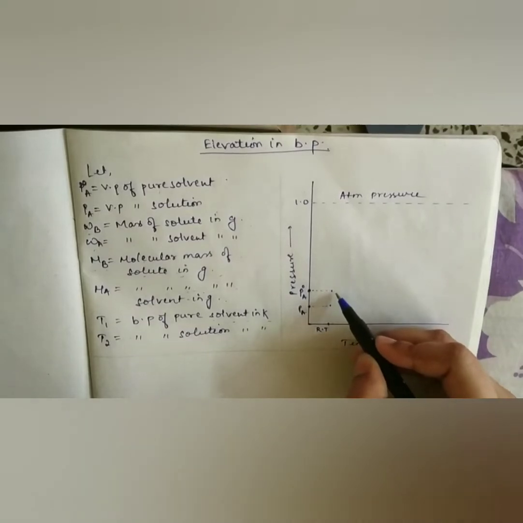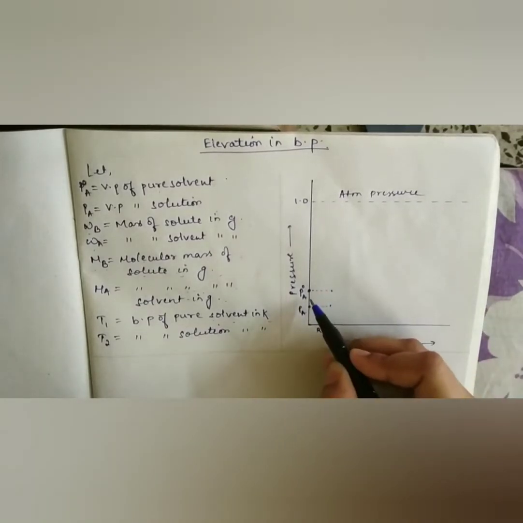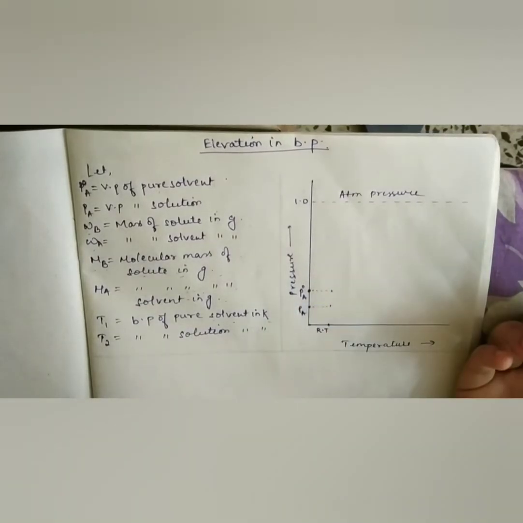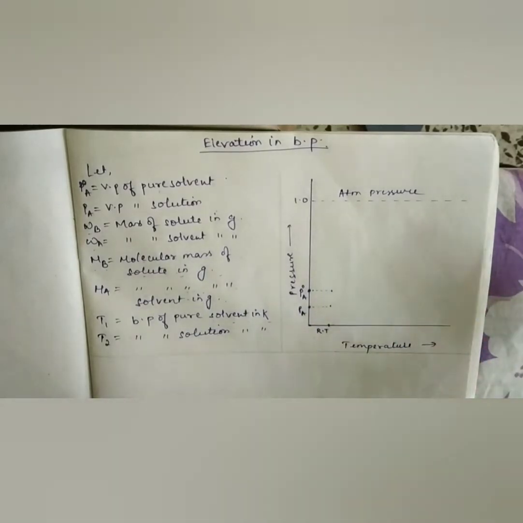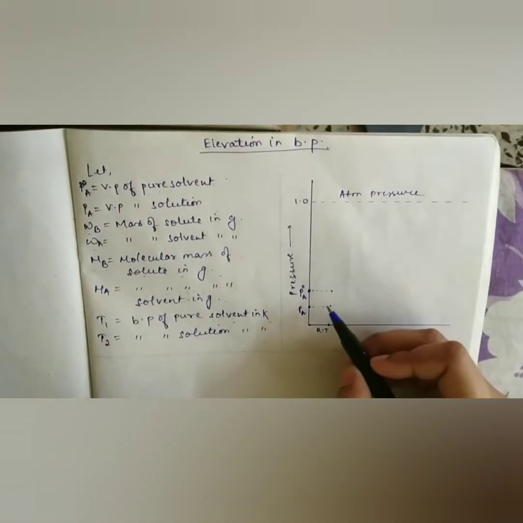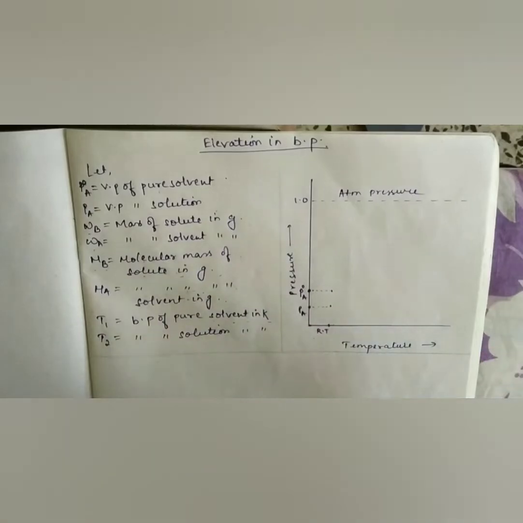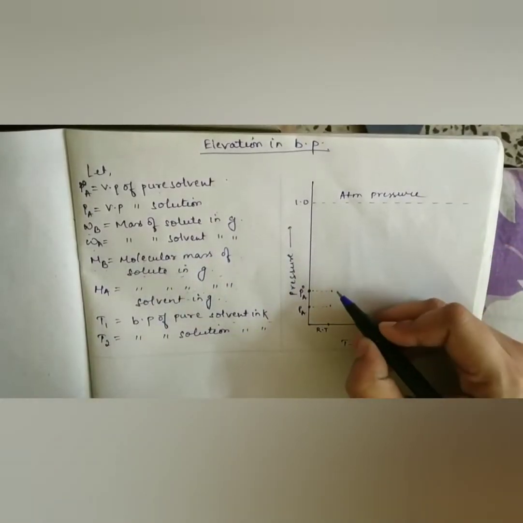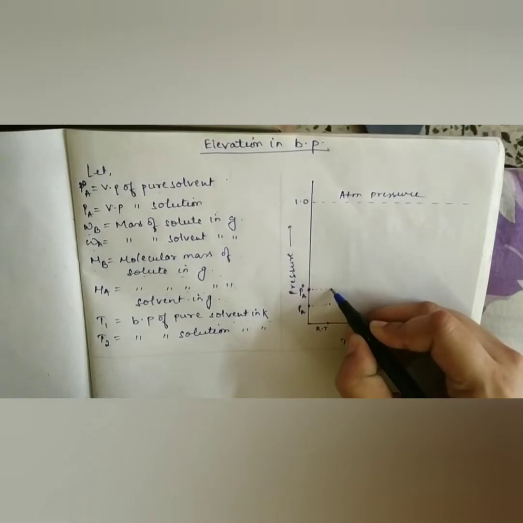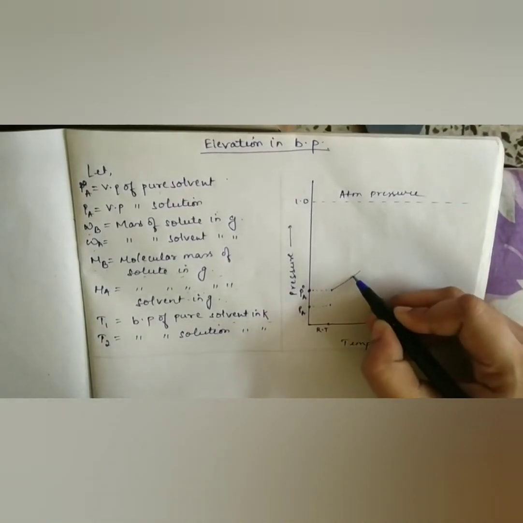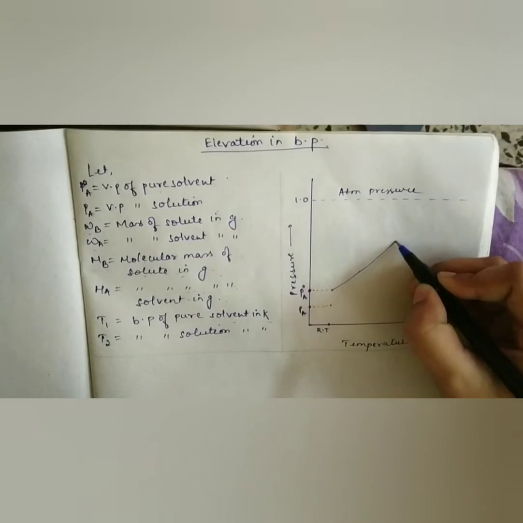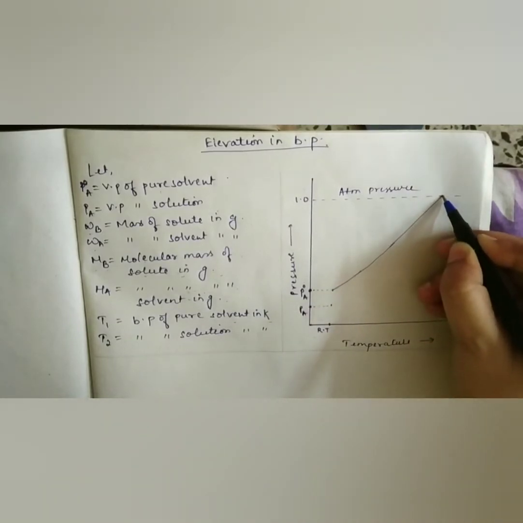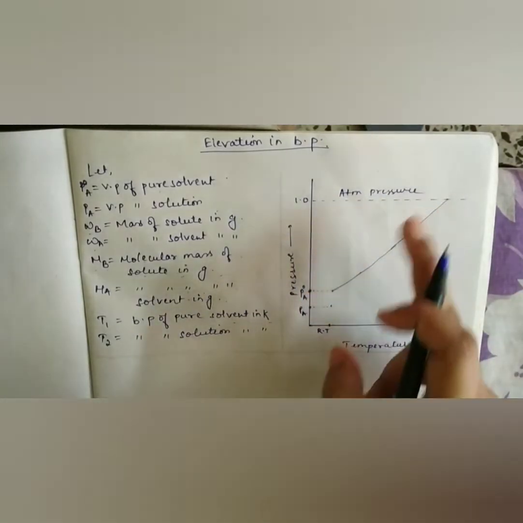So as we increase the temperature, the vapor pressure will definitely increase due to more number of molecules evaporating. So let us draw the curve for the pure solvent first. As we increase the temperature, the vapor pressure of the solvent increases and finally reaches the atmospheric pressure.